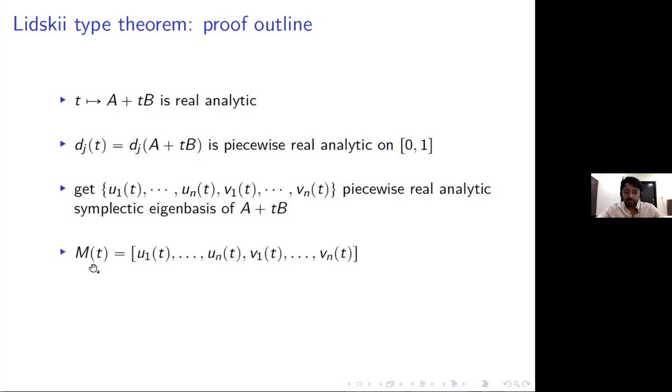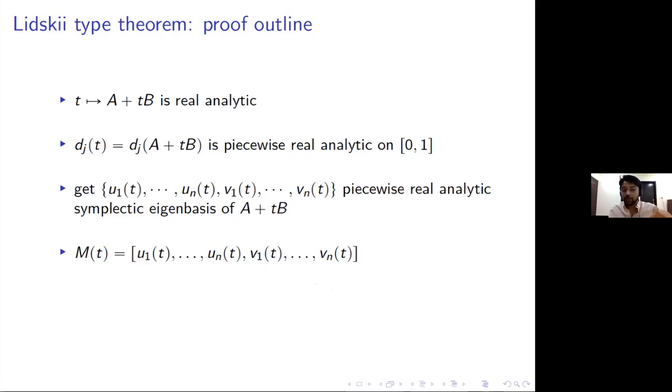We let M(t) be the symplectic matrix like this. We know that a symplectic eigenbasis gives a symplectic matrix in this way. And we know that this map d_j is piecewise real analytic on [0, 1], which implies in particular that d_j is differentiable at all except finitely many points.